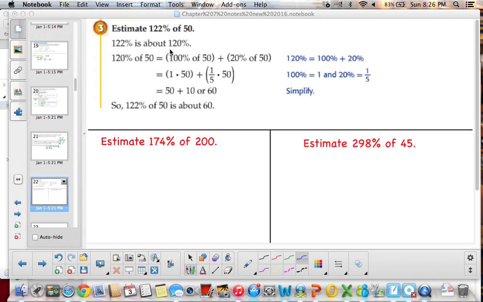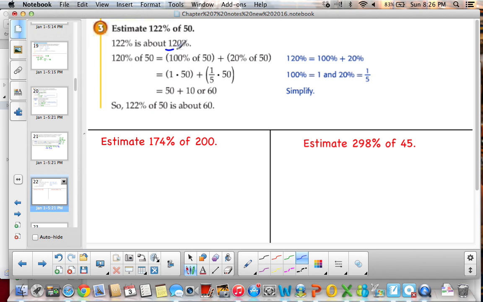So we're looking for numbers that we easily can change into fractions or decimals. 120% of 50 then, and you can see if we take 100% of 50 and add it to 20% of 50. So 100% plus 20% is 120. We're just breaking that up because it's easy for us to find 100%. And then we could also pretty easily find 20%.